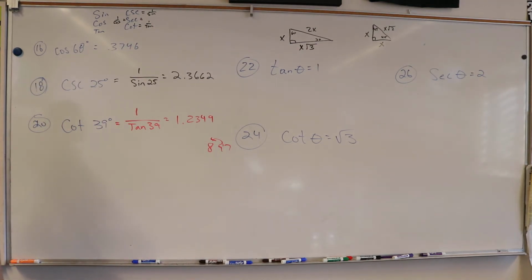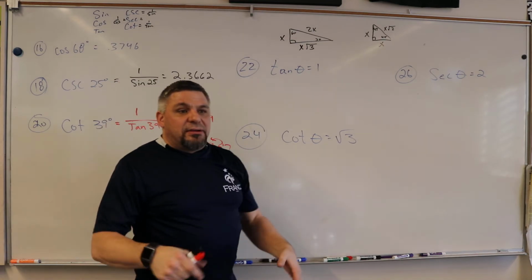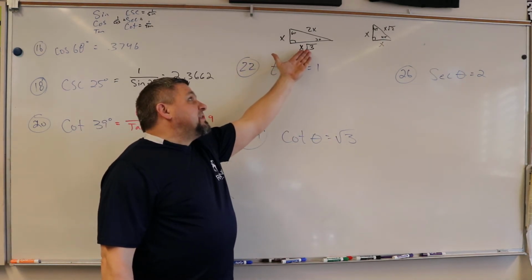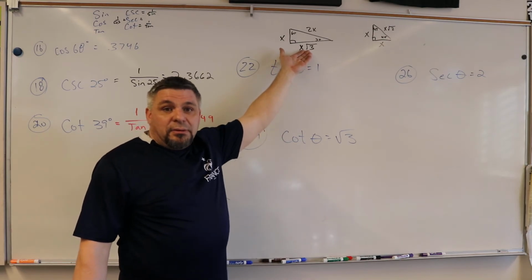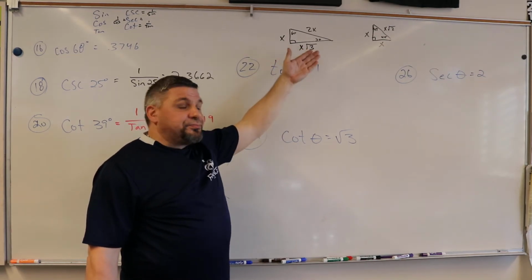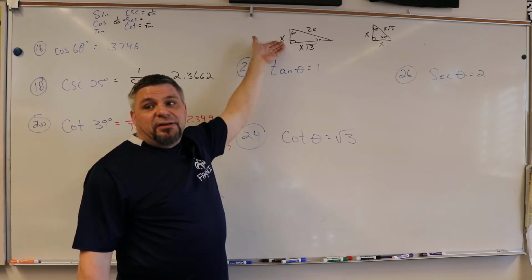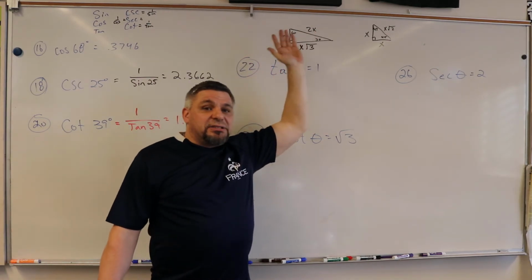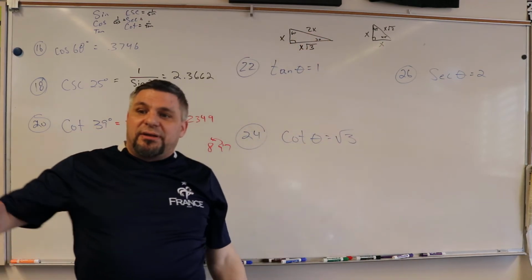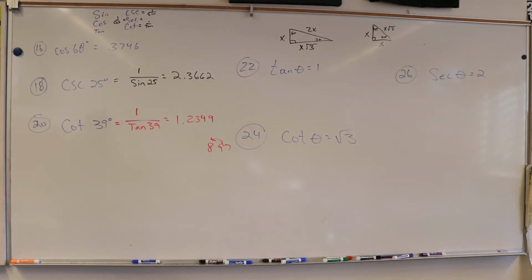Now you can always do your Pythagorean Theorem. This squared plus this squared equals this squared, right? So this squared is 3x squared. This squared is x squared. So that would be 4x squared. Should equal 2x squared, which would be 4x squared. Yay, we did it.